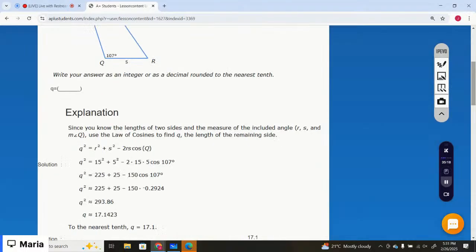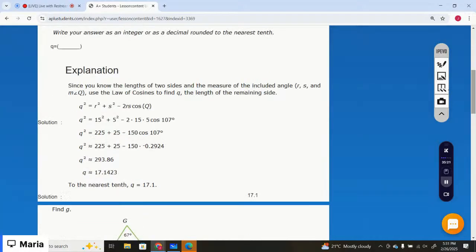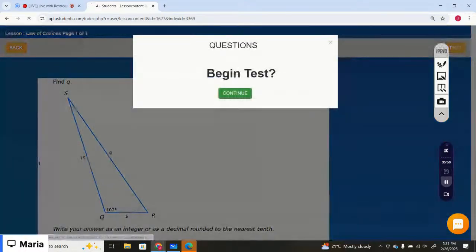Find Q. Q square equals R square plus S square minus 2RS cos Q. Let's just start with the test questions.